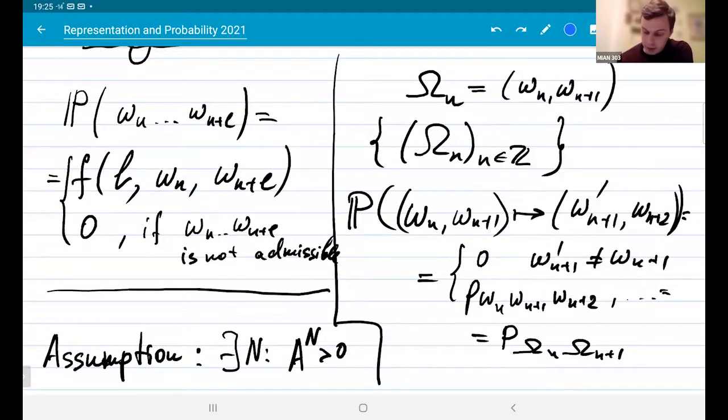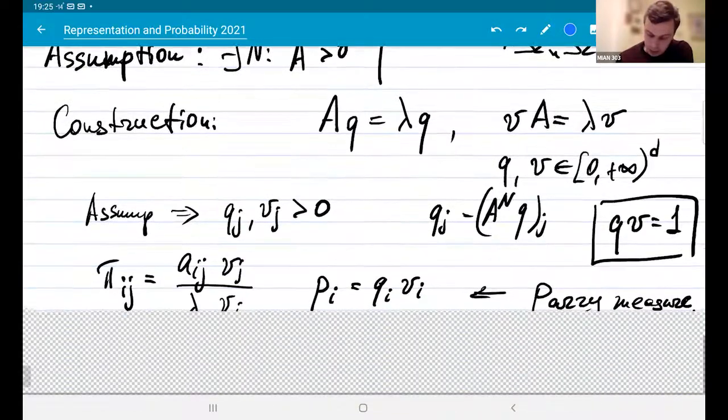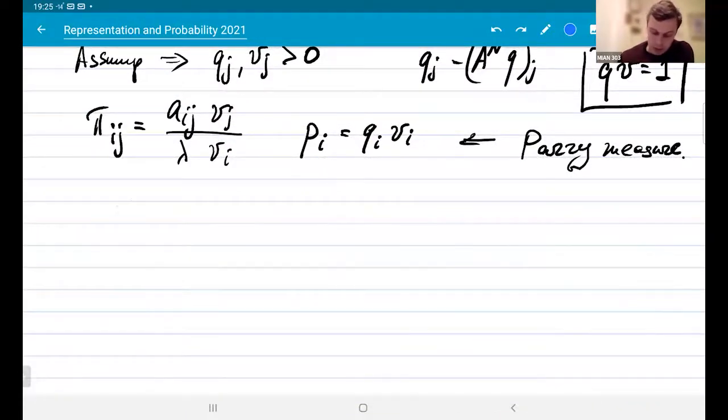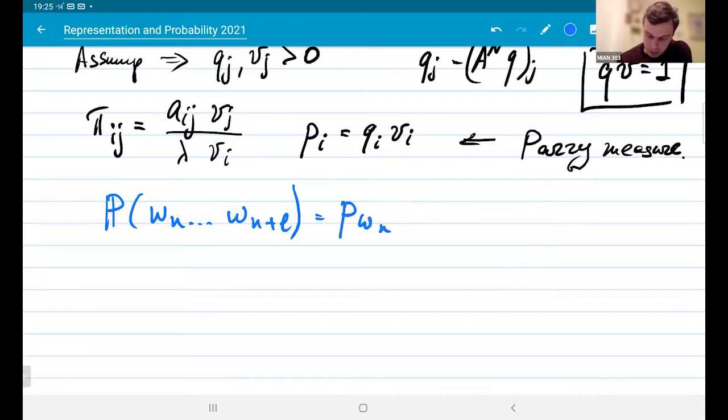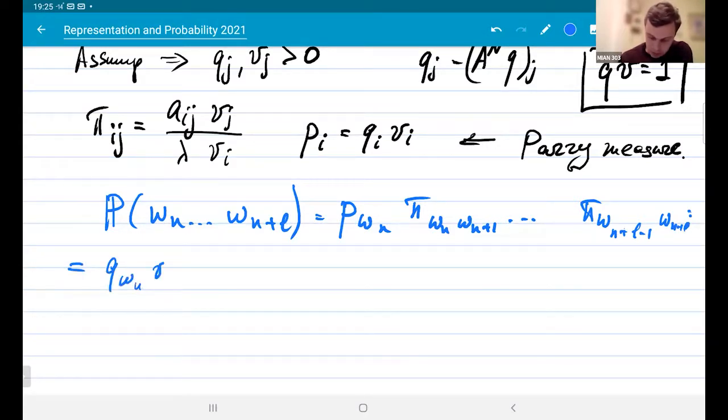Look, if you have this, then your probability is p omega n, and then pi omega n plus 1, and so on. And then you have q omega n, v omega n, and then aij, of course, all of these a's are positive, are just ones.